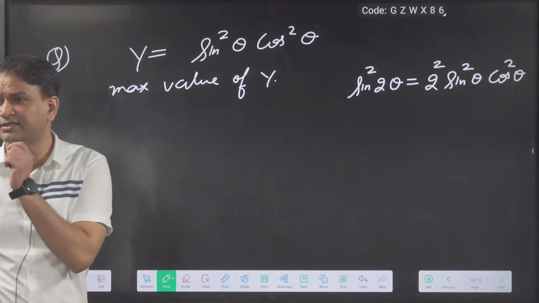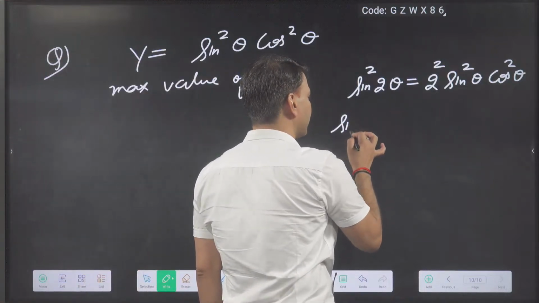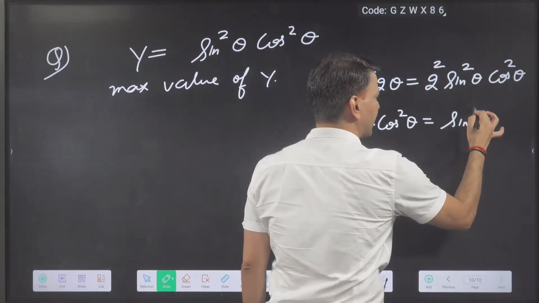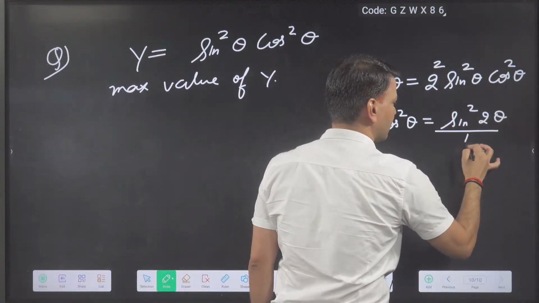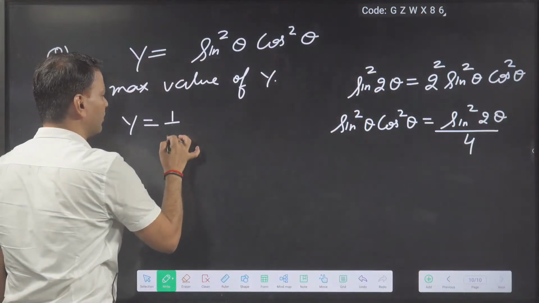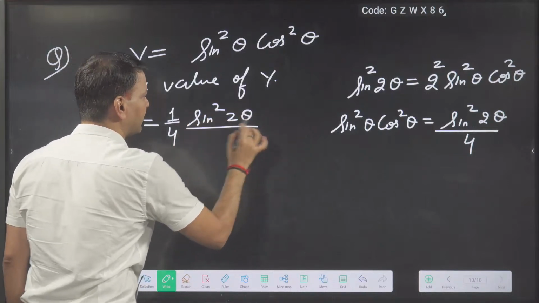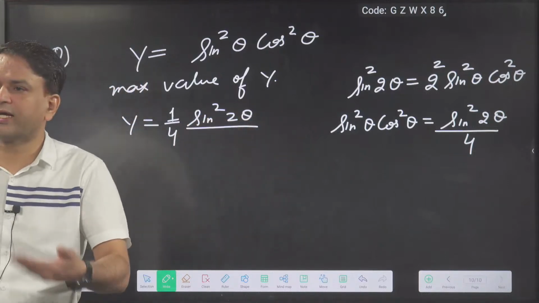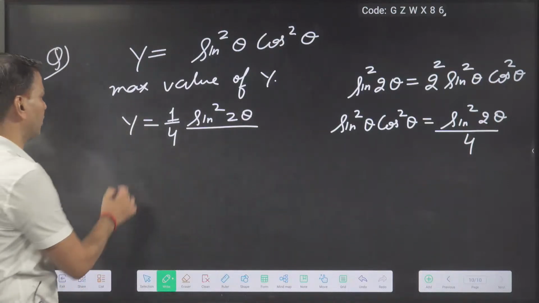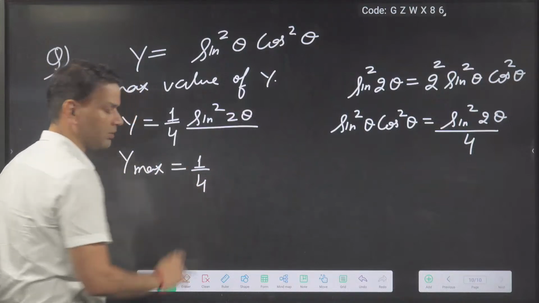Now from this, sine square theta cos square theta will be sine square 2 theta by 4. So here I can write y is equal to 1 by 4 sine square 2 theta. Now the maximum value of sine 2 theta is 1. So sine square 2 theta, the maximum value is 1. 1 square is 1. Then the maximum y we got is 1 by 4. So y max is 1 by 4.